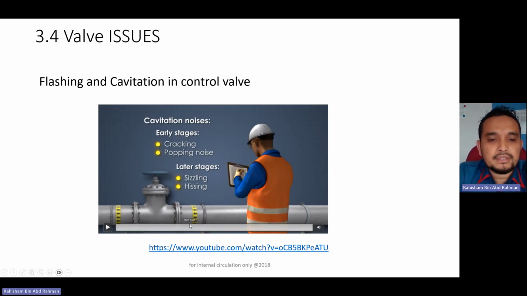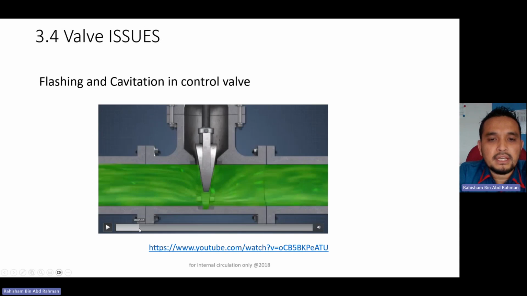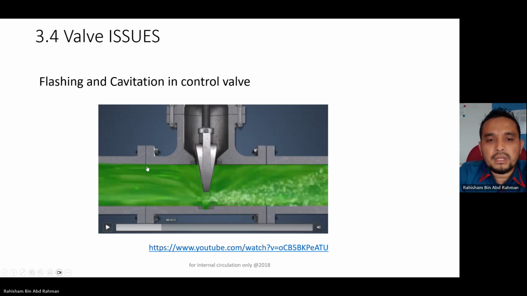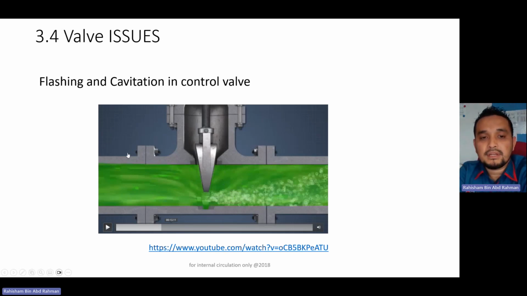All right, that is a very simple and interesting animation. So we have a pipeline here. We have upstream, downstream, inlet, outlet, crossing a small gate here, and what you can see, whenever they pass, because of pressure difference, as I explained, pressure 1 is higher than pressure 2 at the outlet, so there will be a loss of pressure here, and it will cause bubbles.